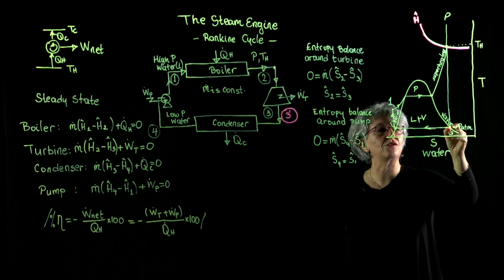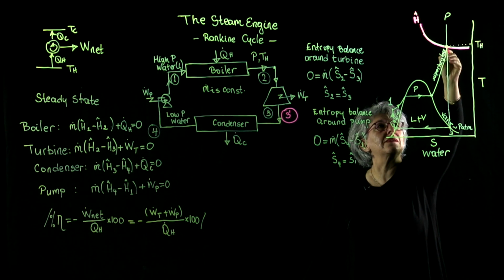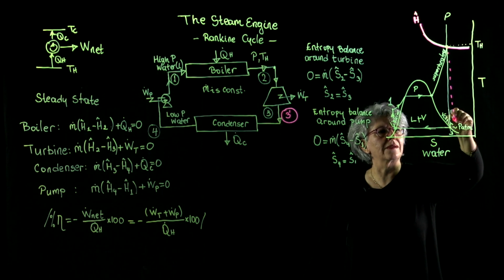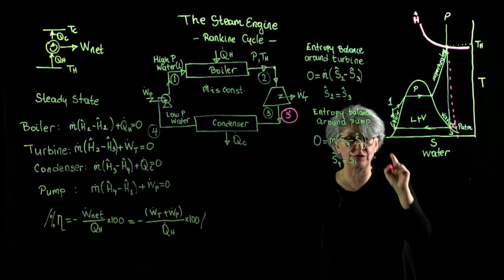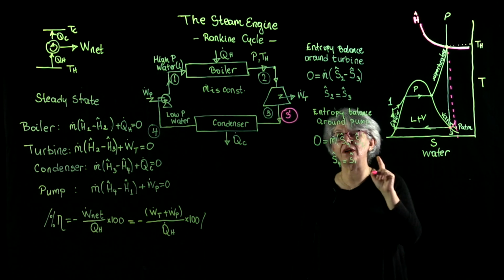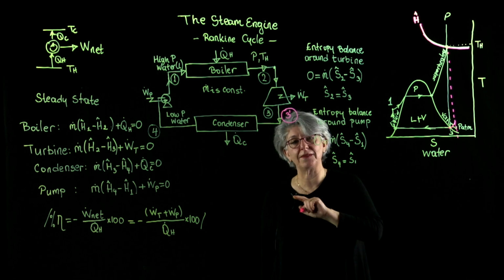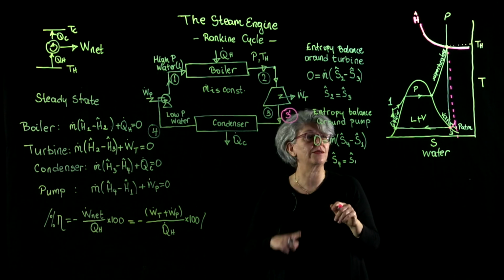Our process is going to have some entropy generated, and it is going to be a little bit far away. But make sure to understand that our condenser is going to operate at constant pressure. We are not going to make any changes in pressure between the turbine and the condenser.